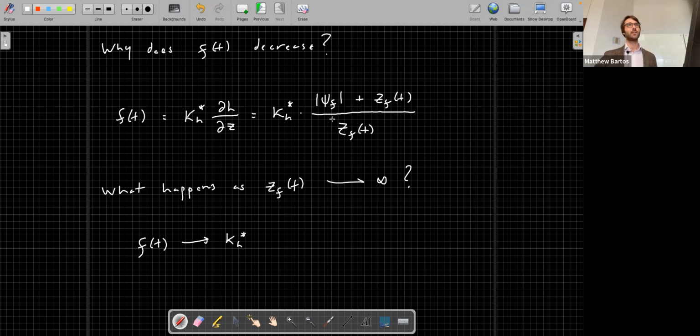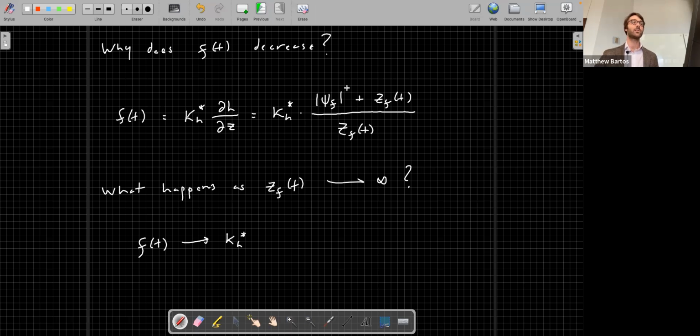Greater than 1, right? This term starts off greater than 1 because we have the matrix potential, which is positive here, as denoted by these absolute value signs, plus ZF of T over ZF of T. So basically this hydraulic head gradient is decreasing as the depth of the wetting front increases.